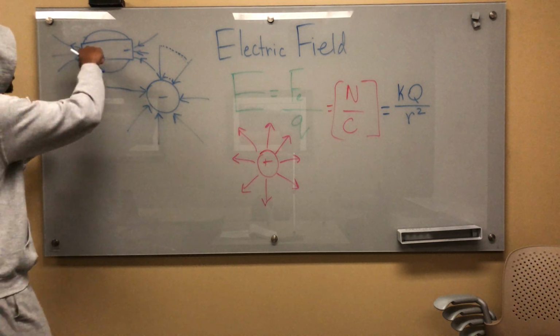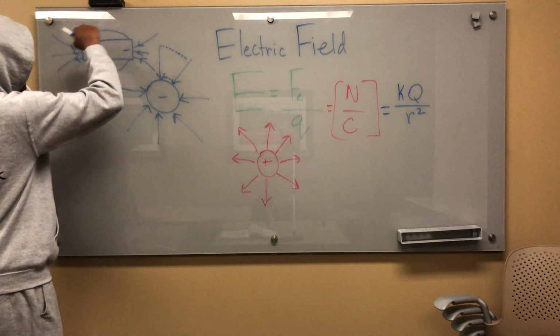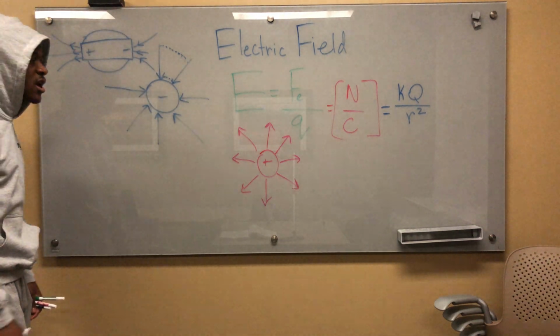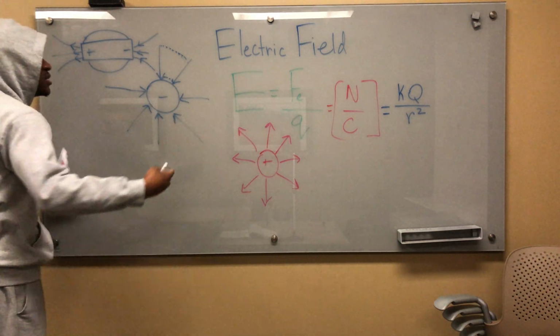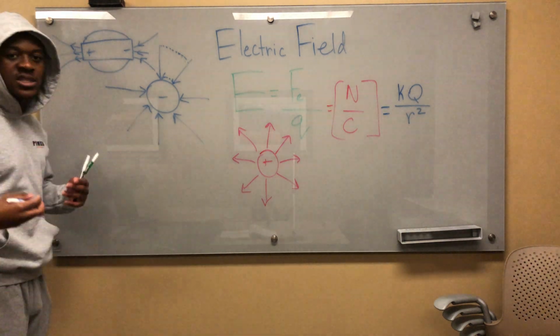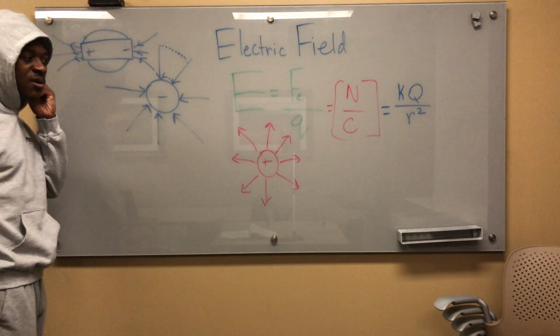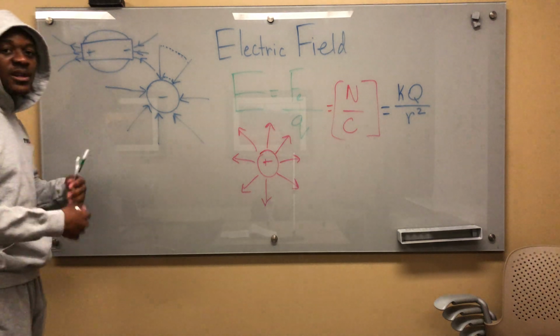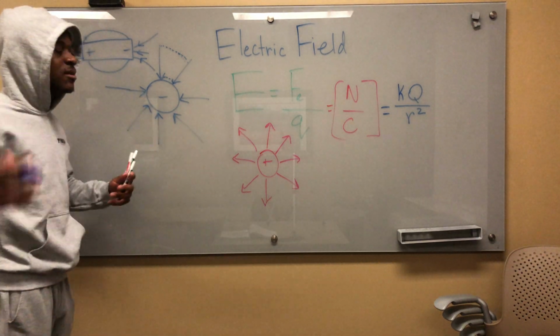So just like it's always going positive to negative, if that makes sense. So things going negative always come in toward the negative, things going positive always go away from the positive, or things coming from a positive always go out of the positive.